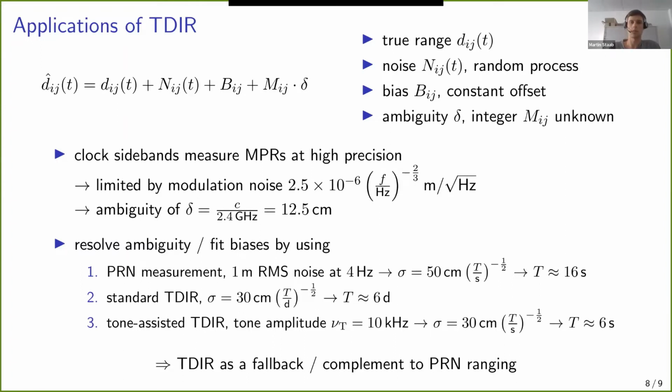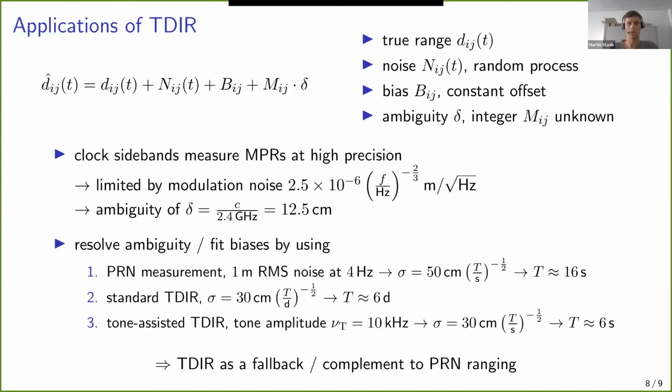For example, you can have noise, which is a random process, or a bias, which is a constant, and many are also subject to some ambiguity. So you cannot determine the range directly, but you have to find some integer and multiply that by the ambiguity, which is related to the wavelength of the signal that you're measuring.